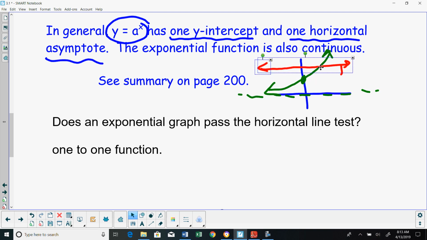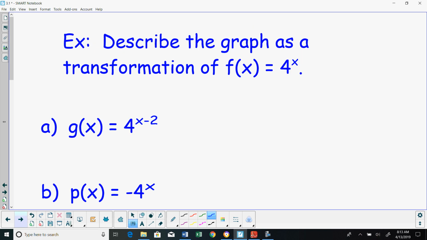So does an exponential function pass the horizontal line test? That would be a yes. And so exponential functions will have inverses, and I'll say stay tuned, let's see section 3.2 for that. They are one-to-one functions and they will have inverse functions.